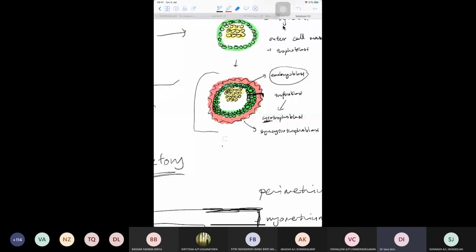So HCG. What is HCG? HCG is human chorionic gonadotropin. And the layer of your blastocyst that will secrete HCG is the syncytiotrophoblasts.